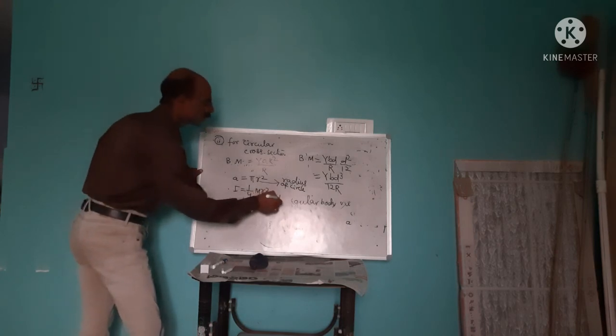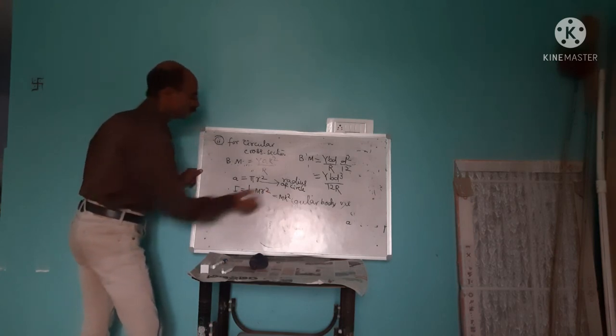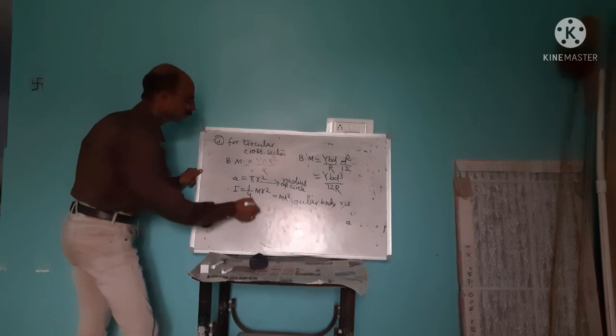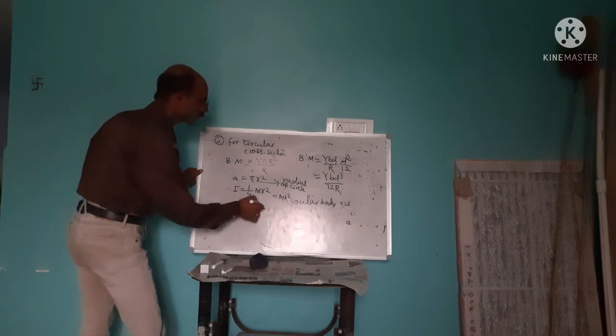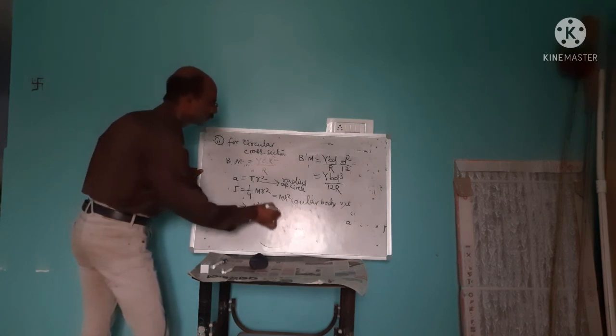Then this is equal to m k square. This implies k square is equal to 1 by 4 r square.